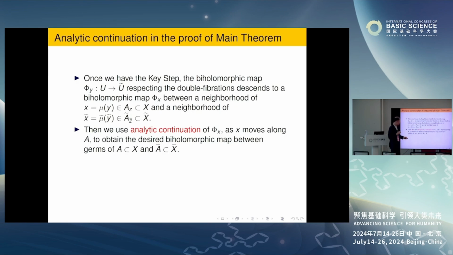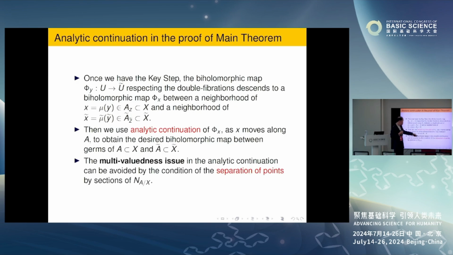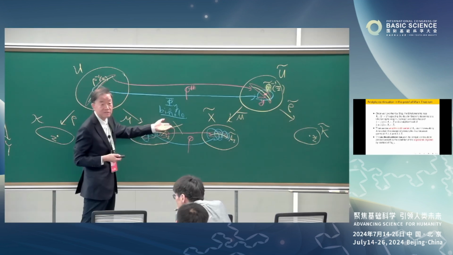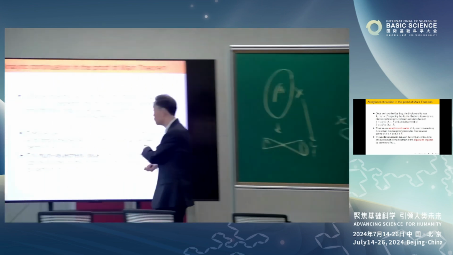But when you do analytic continuation, you encounter the multi-valuedness issue. It's usually not univalent, but this condition on separation of points by sections is precisely to exclude this possibility. So this condition resolves the multi-valuedness issue, the analytic continuation becomes univalent, and you obtain a biholomorphic map. So that's how you prove this.